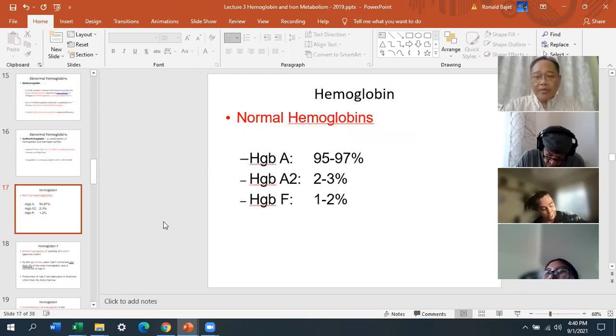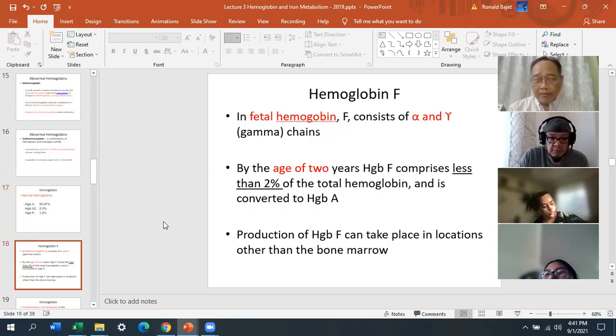Types of hemoglobin. The breakdown of hemoglobin in your blood now is 95 to 97% hemoglobin A. A lesser percentage, 2 to 3%, is hemoglobin A2, and to a lesser extent, 1 to 2% is hemoglobin F. Hemoglobin F is your fetal hemoglobin, but your normal adult hemoglobin is hemoglobin A. Fetal hemoglobin consists of alpha and gamma chains, while adult hemoglobin consists of alpha and beta chains.